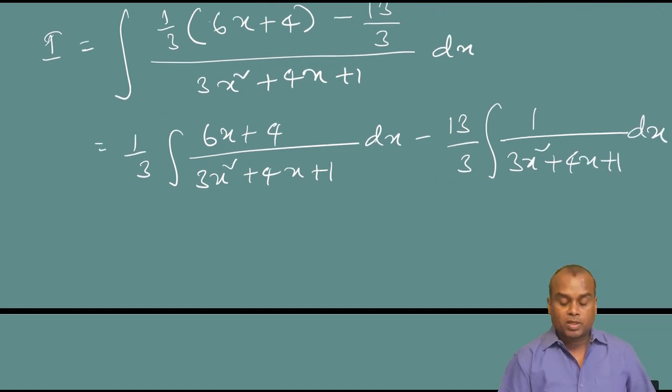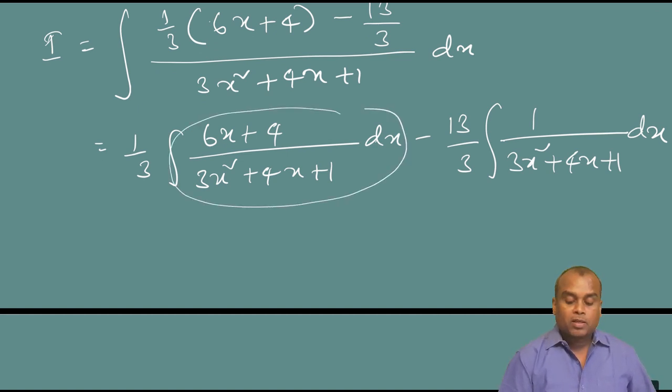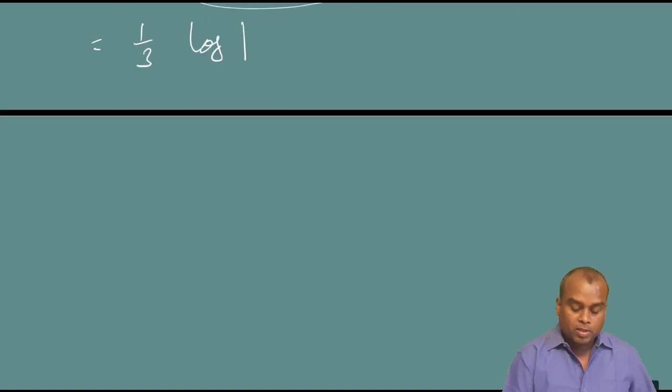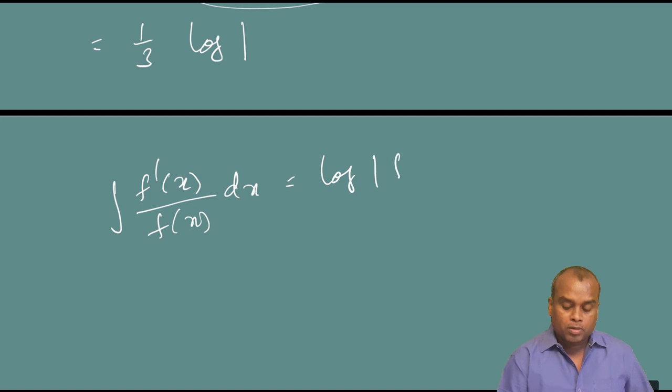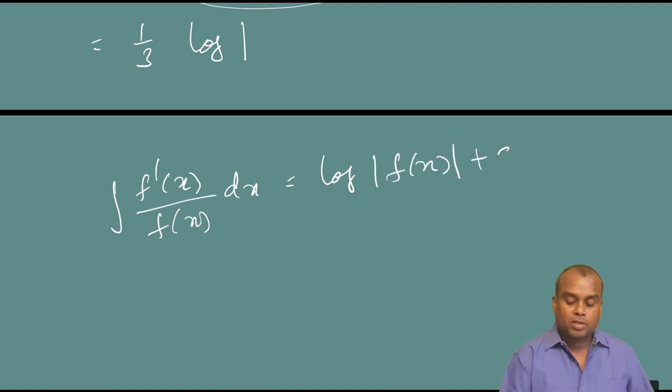Now I want you to observe that this first part is like f dash of x by f of x. We know that integral f dash of x by f of x dx is nothing but log mod f of x plus c.